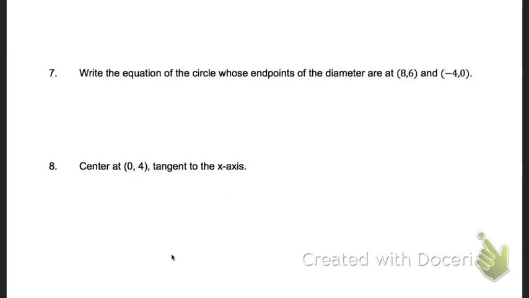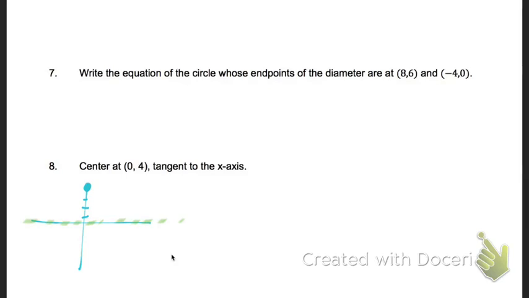Is it number 8 that you're talking about? Yes. Okay, number 8. So if it's a tangent to the x-axis, I normally have to draw a picture for these. This is on the homework. 0, 4. Here's my center. The x-axis is this line right here.